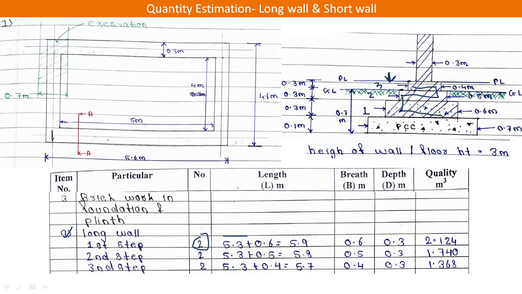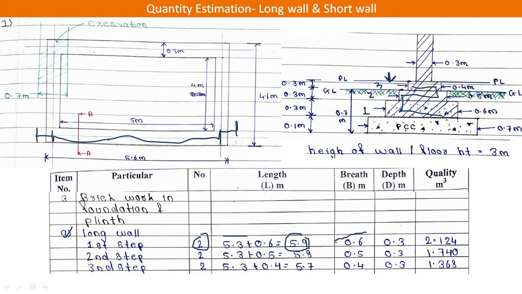The distance we know from here to here is 5.3. Now the width of the first footing is 0.6. So we have to add 0.6 by 2 from here and 0.6 by 2 from here, which means 5.3 plus 0.6, which comes as 5.9 meter.